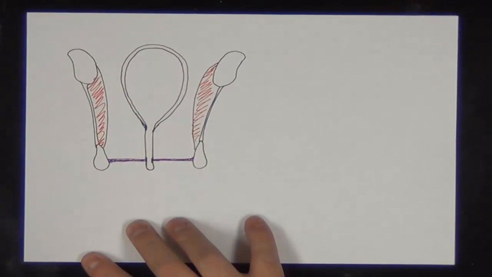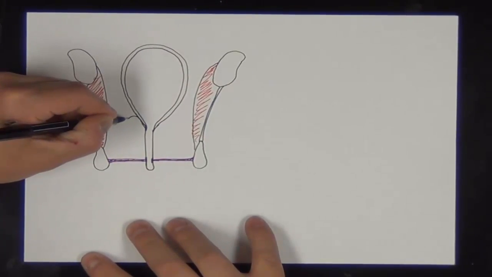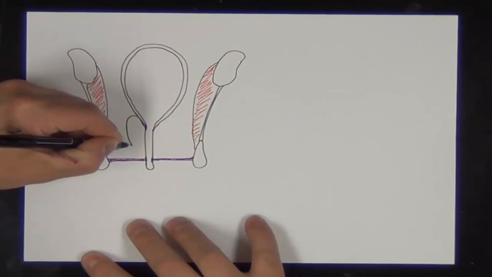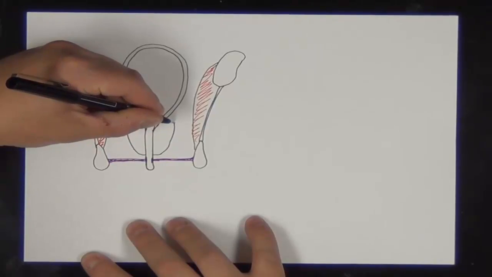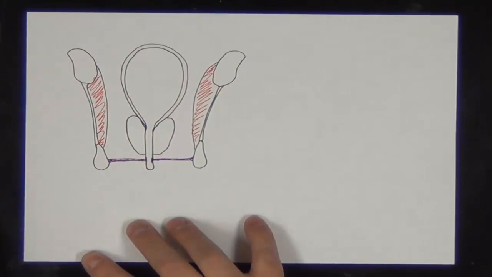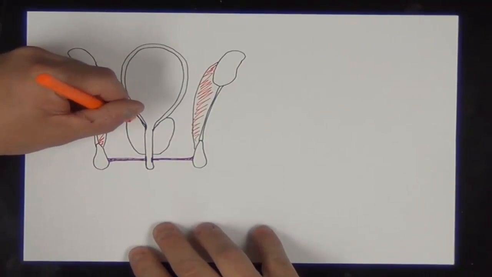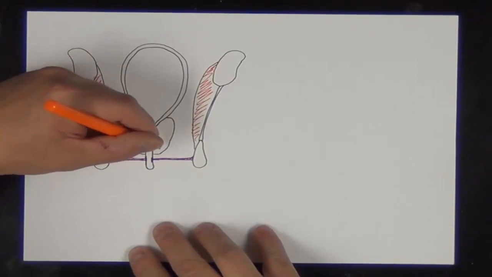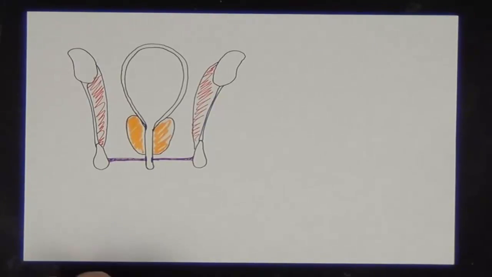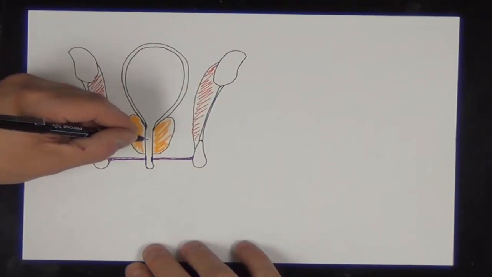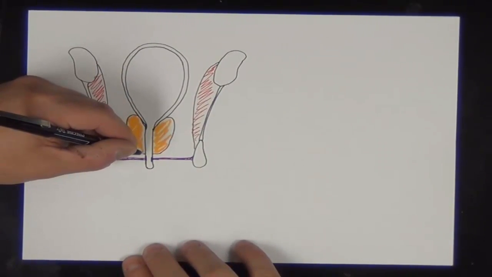And surrounding the bladder, we've got what's classically described as kind of a walnut-sized organ. Very important, prostate. So we'll color in a little prostate right there.